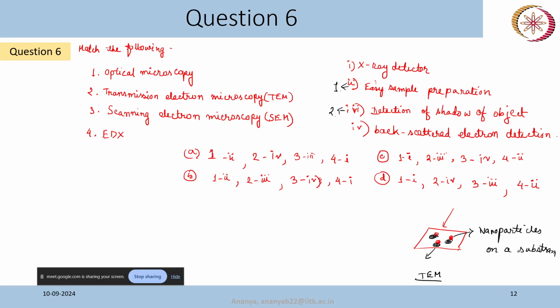Now I have also mentioned that the secondary electrons and backscattered electrons have different energies, and inside the SEM instrument we have a backscattered electron detector that will detect the backscattered electrons based on their energy, and using that we can do the imaging of backscattered electrons.